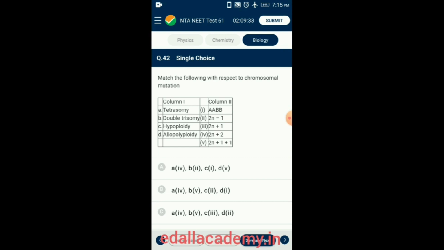In hypoploidy, having a chromosome number lower by only a few chromosomes than the normal diploid number is 2n minus 1. Allopolyploids are polyploids with chromosomes derived from different species. Precisely, it is the result of multiplying the chromosome number in an F1 hybrid. So the correctly matching option is option B.